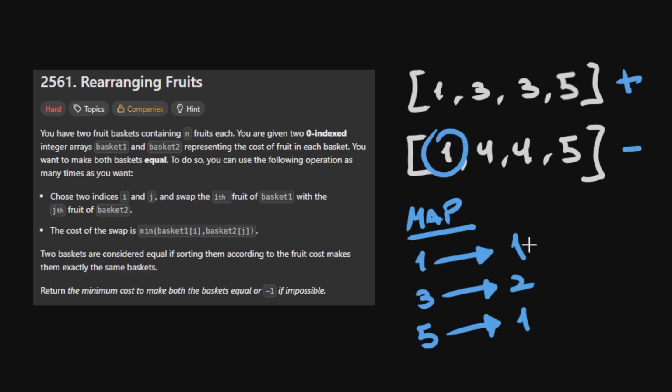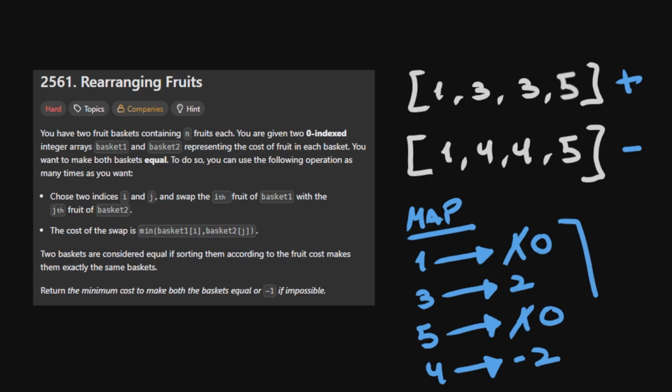Here we have a 1, so we subtract 1 here, this is now 0. We have 2 4s and we are subtracting, so we have a 4 with a count of -2. And we have a 5, remember we are subtracting, so 1 minus 1 is 0. So this is our final delta frequency map, or whatever you want to call this.